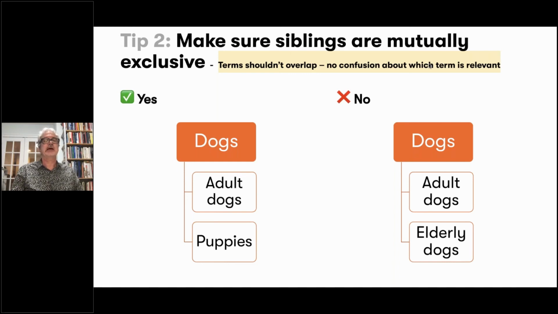You would either make elderly dogs a child of adult dogs, so it's no longer a sibling, or if you wanted to have them as siblings and you wanted to differentiate elderly dogs from adult dogs that aren't elderly, you'd need to relabel the term to something like non-elderly adult dogs. And I know that's not very elegant, but you'd need to do something like that.